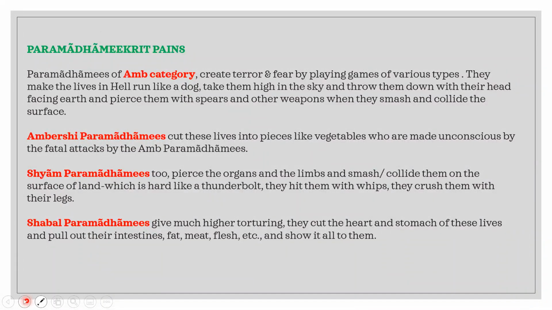Then the next category of Parmadhami are Shyam and Shabal. The Shyam category of Parmadhami basically pierce the organs and limbs, hit the Jeevs of Narkis with whips, and crush the Jeevs of Narki with their legs. And the Shabal category of Parmadhami are even more cruel. They cut the organs like the heart and stomach, pull out the intestines, and show them to the Jeevs of Narkis. So that is the Shabal category of Parmadhamis.